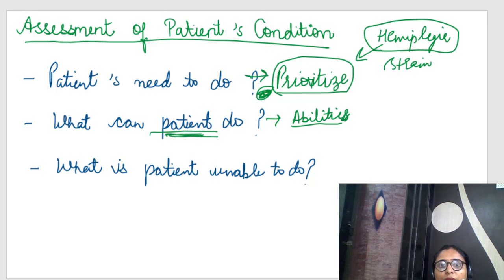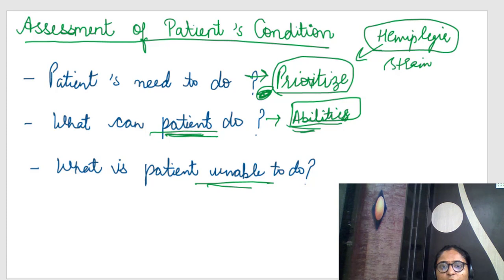And we will make those muscles stronger so that they can take over the function of your weaker muscles, and also help you to do that function, right? So to see that, we check the abilities of the patient.